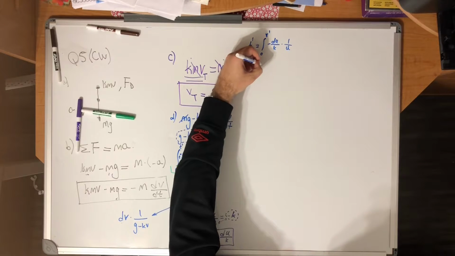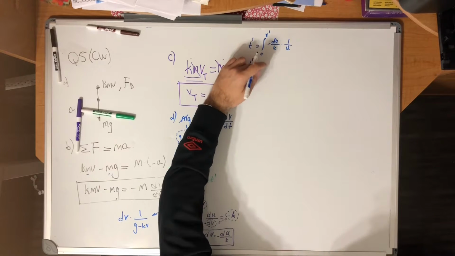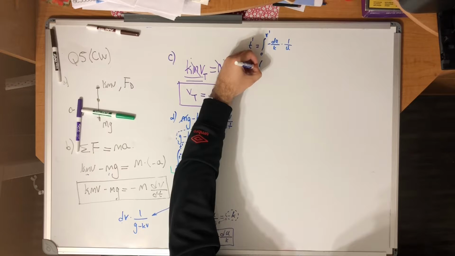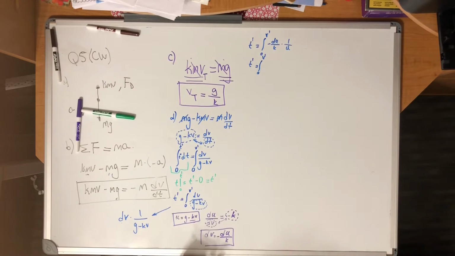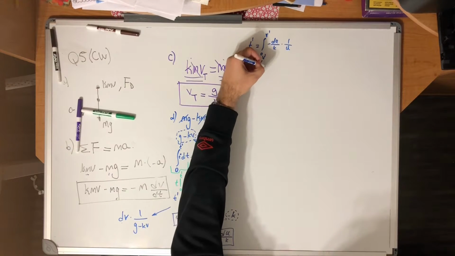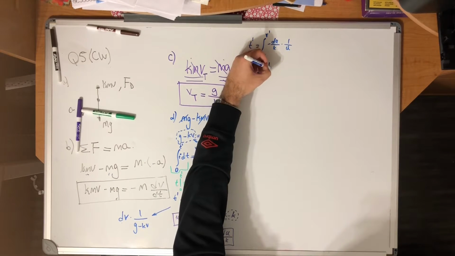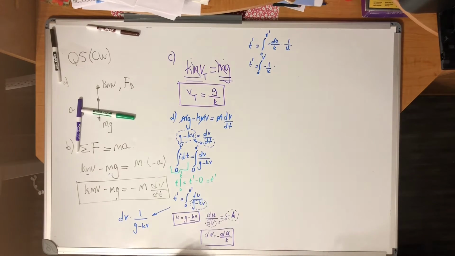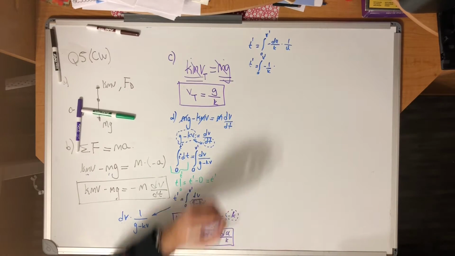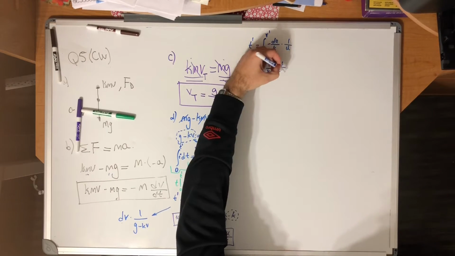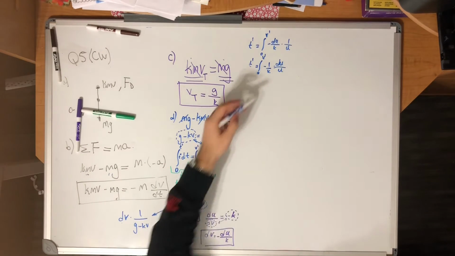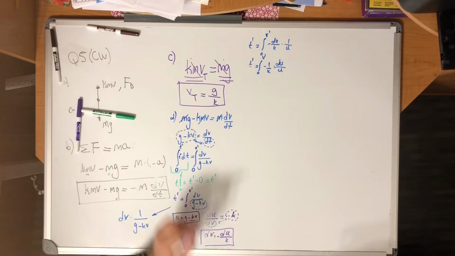t prime is equal to the integral from 0 to v prime, and then I'm going to take all of the constants, which are negative and k, to the front: negative 1 over k, times, and I'm going to put the u's together, du over u. And this is a constant, so it can be taken out of the integral.